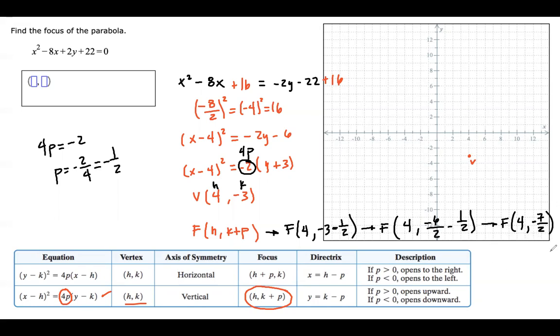Minus 7 over 2 is minus 3.5, so it's going to be minus 3.5 around there. That's going to be our focus, and the parabola will open that way. That means the directrix is going to be 0.5 above. It's kind of like a tiny parabola, but there we have our focus.